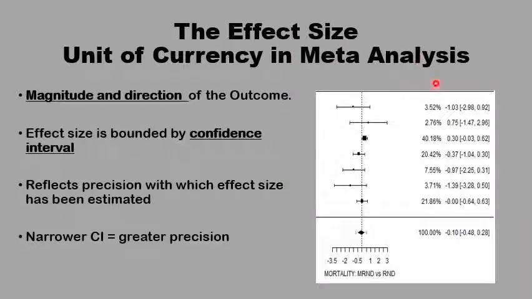What we do in meta-analysis when we combine results from different studies across the world is that we try to calculate the effect size of each study together with its confidence intervals, and see if these confidence intervals cross the line of no difference, and then we add up all the effect sizes together and come to a final conclusion at the end. So one very striking benefit of the effect size is that it is meta-analyzable. It can be used in conjunction with other studies to reach a decision.